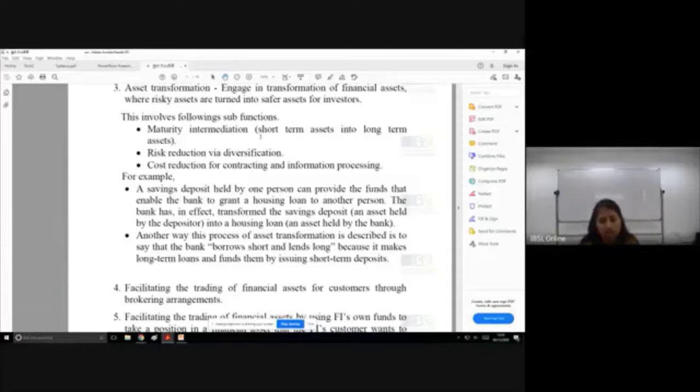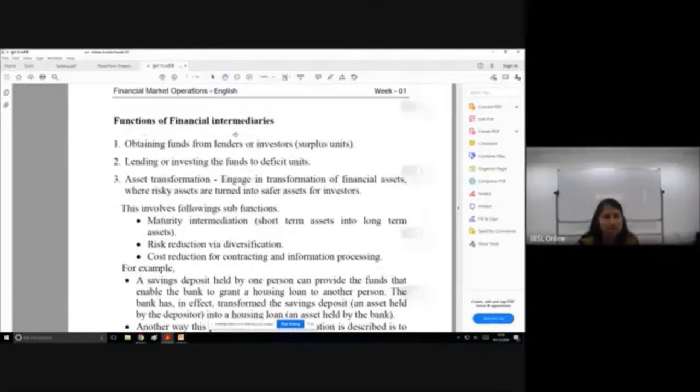So that is one of their major functions after pooling funds from the surplus units and lending. For these two to happen, the asset transformation has to occur. All right. So remember the first three functions.